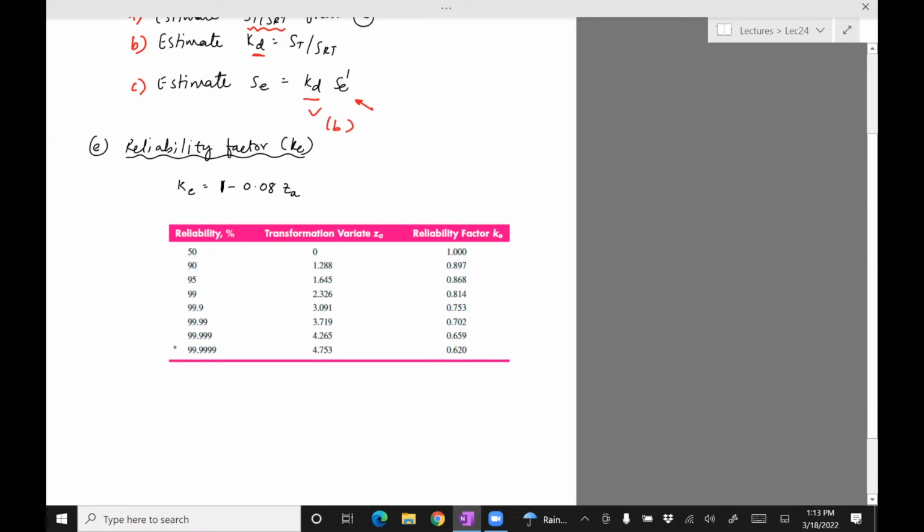So this is considered to be very reliable, and this is considered least reliable, which means 50% means that every 2 times you use it, it will fail once, which is not good. But 99.999 means that, well, this might be easier: if you use the element 100 times, it will fail once. And that's why it's 99% reliable. So the greater this reliability factor is, the more reliable it is.